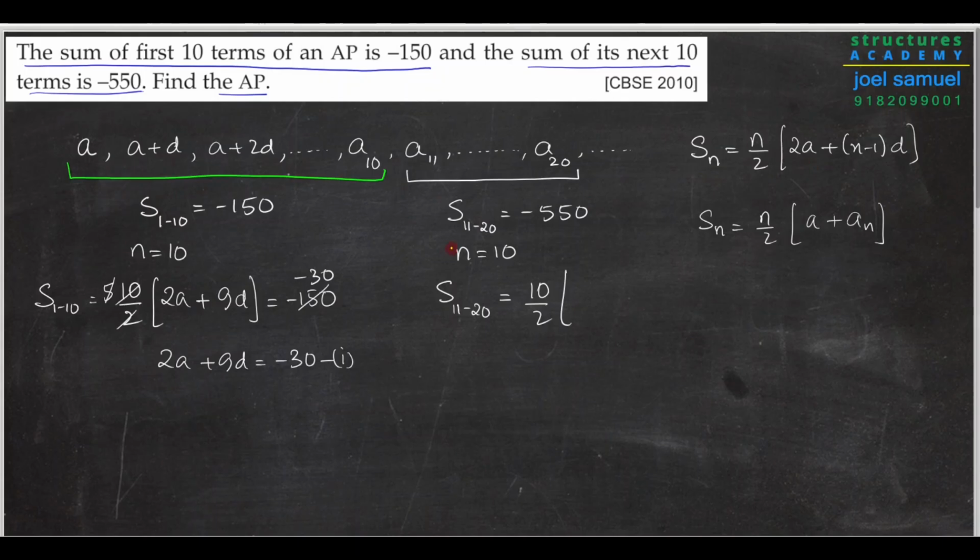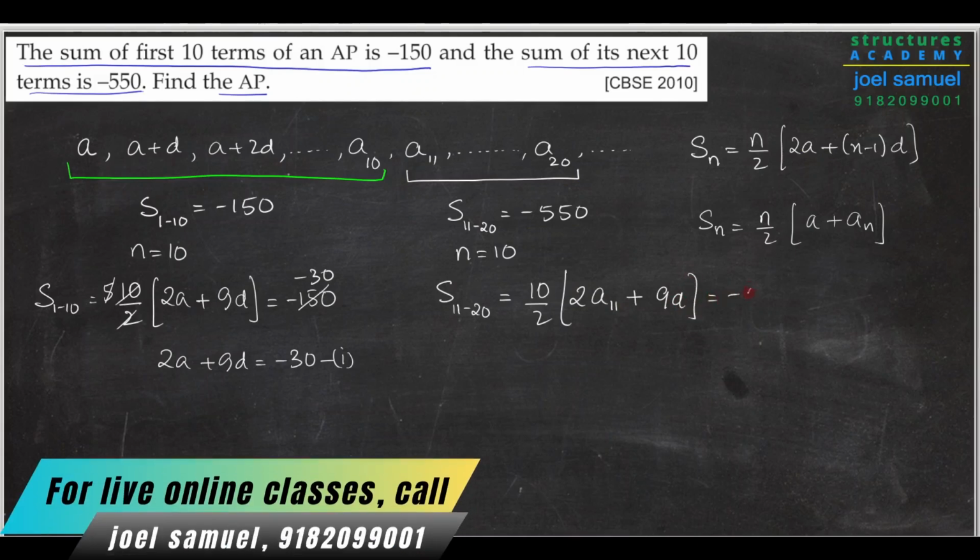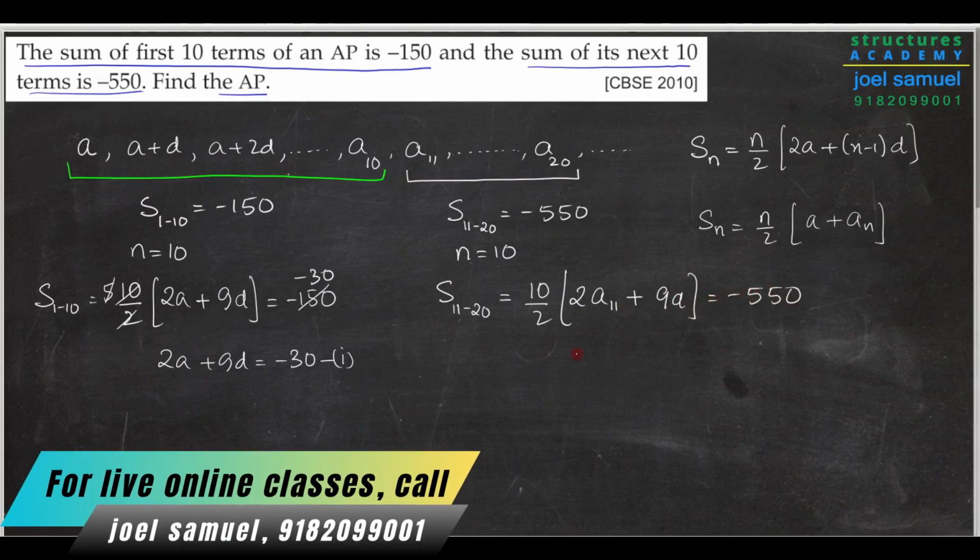So since this sum pertains to the terms from a11 to a20, when we are writing a here, we will refer to a11. So I will write twice a11 plus (n minus 1), which will again be 9d. All of this would be equal to minus 550.